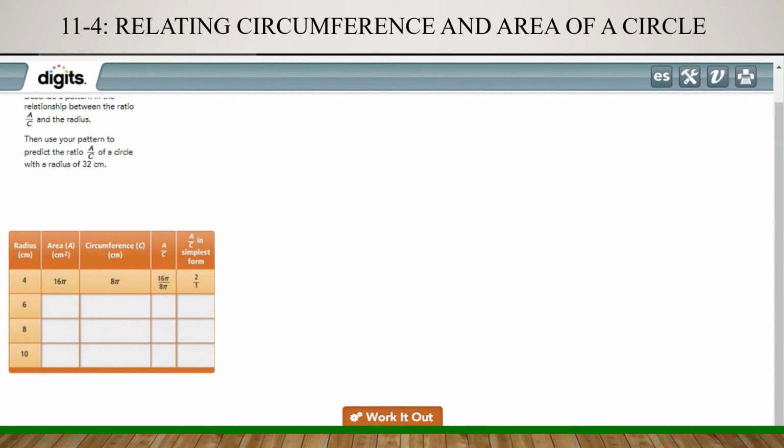The first section of this chart is complete already, so now what we're going to do is figure out the area when the radius is 6. So we can write our formula, which is area equals pi times the radius squared. We're going to substitute in 6 for the radius. Remember to leave it in terms of pi, which makes this much easier.